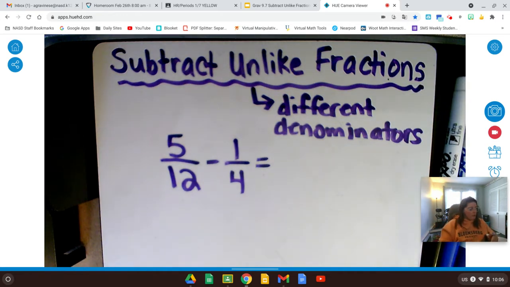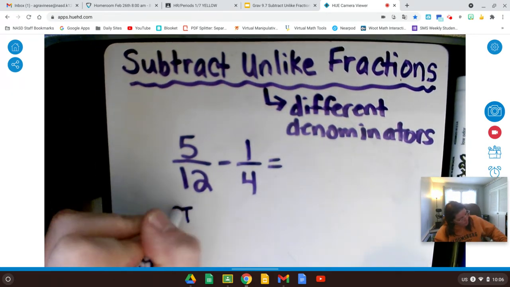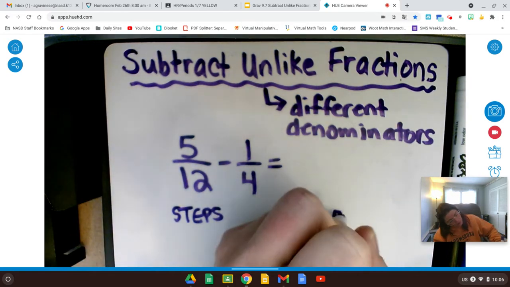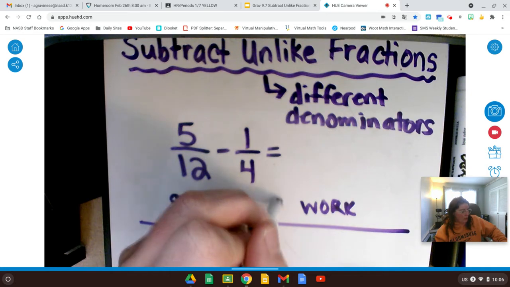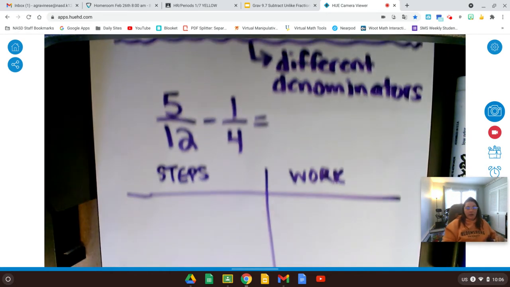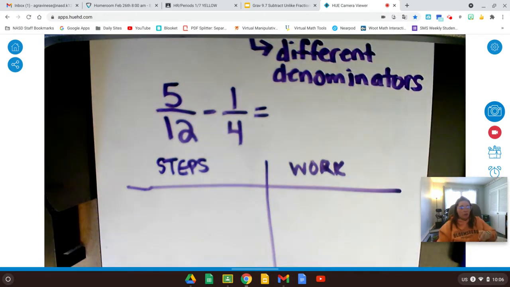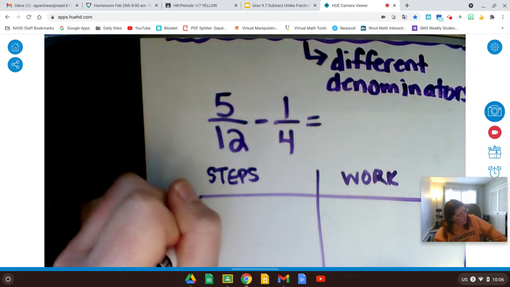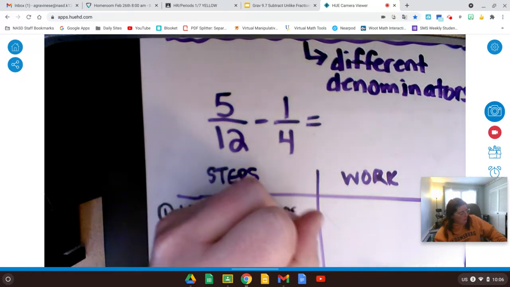So I have 5/12 minus 1/4. Recall that in order to add or subtract unlike fractions, the very first step that we should do is to write the problem or the fractions vertically.